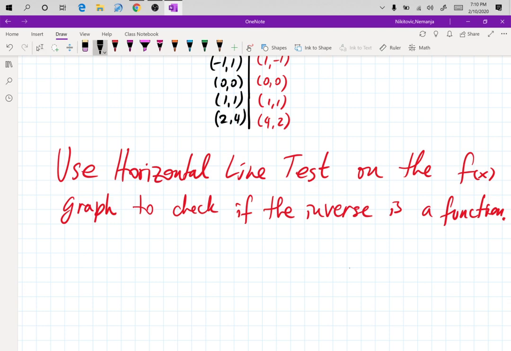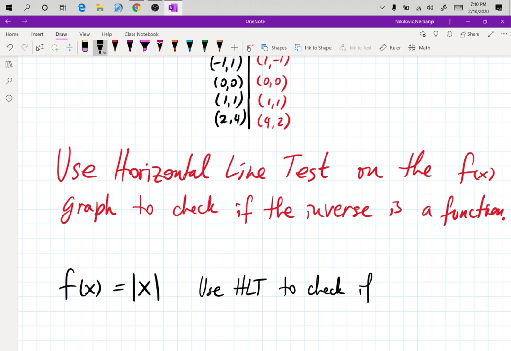So now I can just immediately go into f of x equals absolute x, right? And I can ask you to use the horizontal line test to tell me if the inverse is a function.